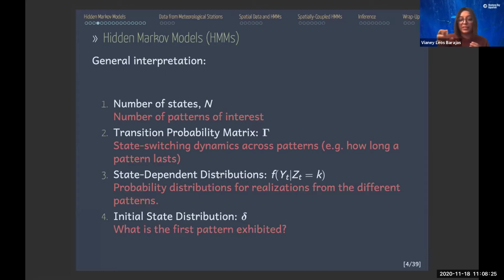There's a certain signal that the Fitbit can capture when you're active. These are the different signals that we can generate with the state-dependent distributions that the Fitbit tries to capture: okay, it's a step or not a step. And then when we're not active, we could be sitting down. Maybe not active is sitting in the chair, but I'm still kind of moving around, but I'm not walking, I'm not moving anywhere. And the initial state distribution is, what is the first pattern that was exhibited?